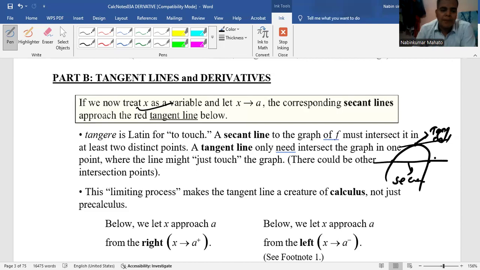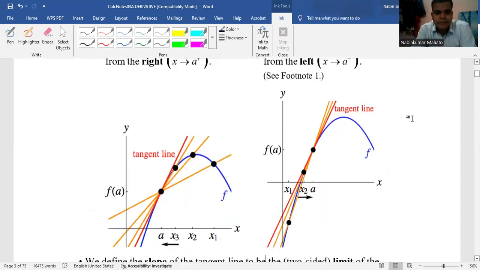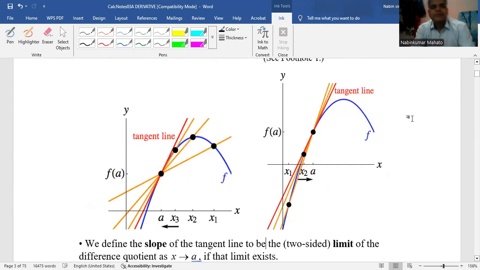Below we let x approach a, from the right and from the left. From the right x tends to a from the positive side, and from the left x tends to a from the negative side. Okay, let's see how.